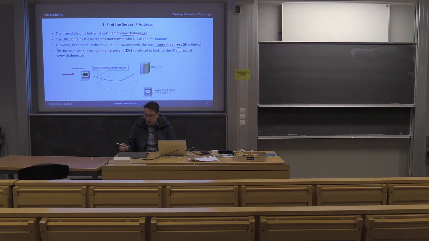Well, the first thing to happen is that the web browser uses DNS, this protocol, to query a DNS server: what is the IP address of this domain name or internet name? The DNS server then answers and says, okay, the IP address is 129.16.71.21. Okay, that's good. Now we have completed step number one.